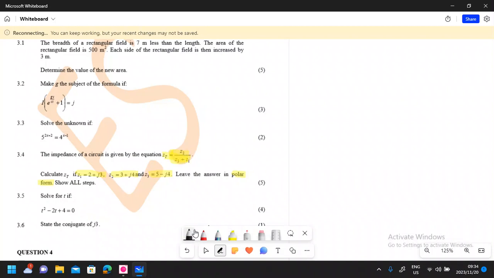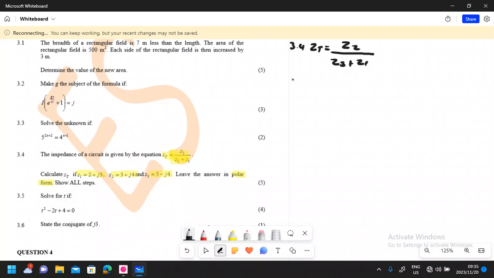All right, let's start. So first of all, let's rewrite this question, which is gonna be 3.4. So 3.4, we are given Z total. Oh, by the way, this is given to us in rectangular form, guys. Just in case you didn't know, this is a rectangular form. We know that Z total is Z2 over Z3 plus Z1.